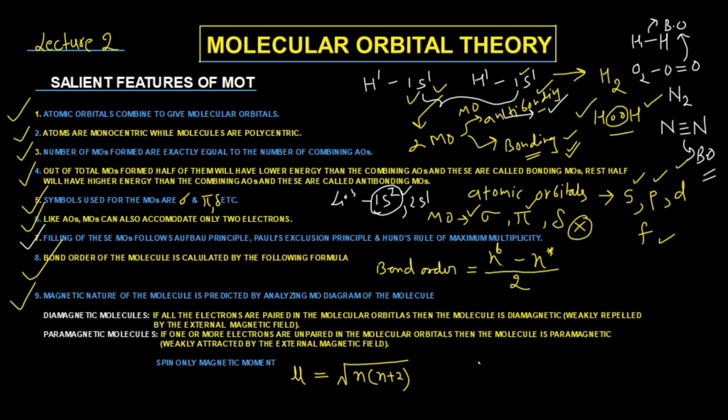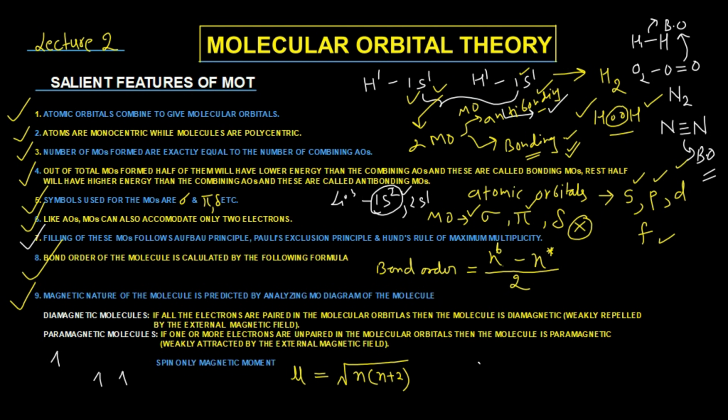Now again, you check the sigma and the pi molecular orbitals in the molecular orbital diagram. If one or more electrons are unpaired in the molecular orbitals, then your molecule is paramagnetic in nature, and will be weakly attracted by the external magnetic field. Suppose in one molecular orbital diagram you have one unpaired electron, and for another molecule, or ion as well, you have two unpaired electrons.